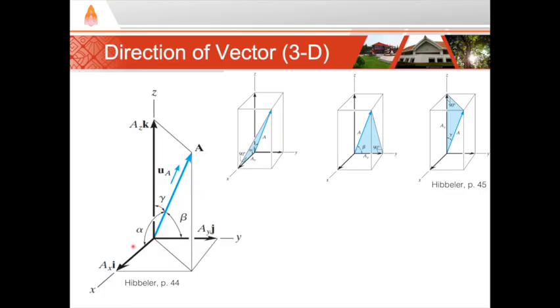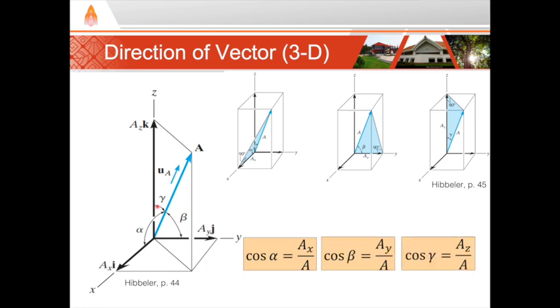Alpha goes from the x-axis to the vector, beta goes from the y-axis to the vector, and gamma goes from the z-axis over to that vector A. So if you know these angles, alpha, beta, and gamma, then you can use the cosines of each angle to determine the ratio of the components of the magnitude.